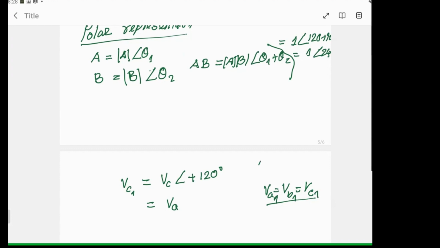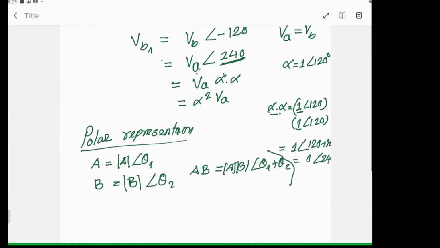This is the balanced positive sequence. So positive sequence is always balanced. We have decomposed into three balanced systems: one is the positive sequence balanced system, the negative sequence balanced system, and zero sequence. So that's why it is coming.